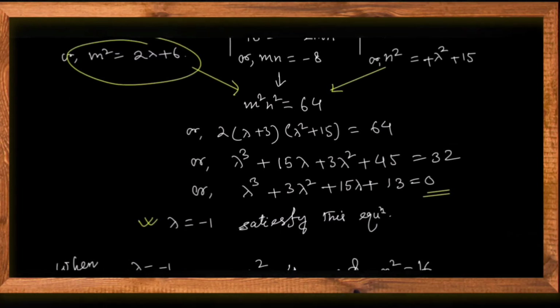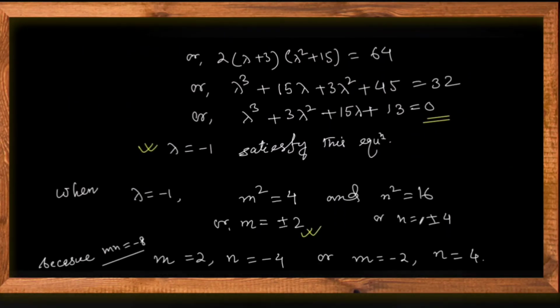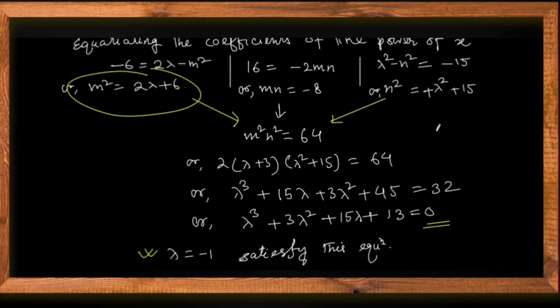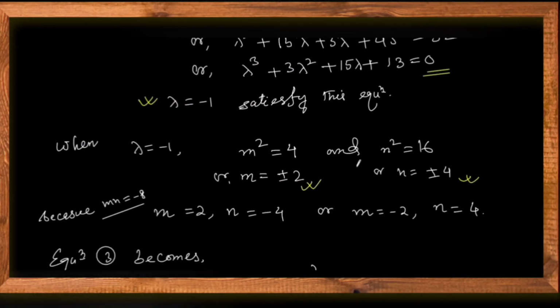So n square is 16, or n is plus or minus 4. Another important thing is that mn is minus 8. So we can have two possible pairs: when m is 2, n must be minus 4, or when m is minus 2, then n must be 4.